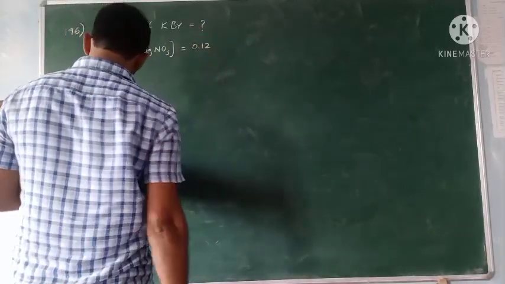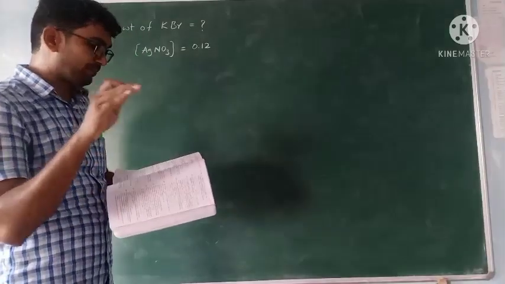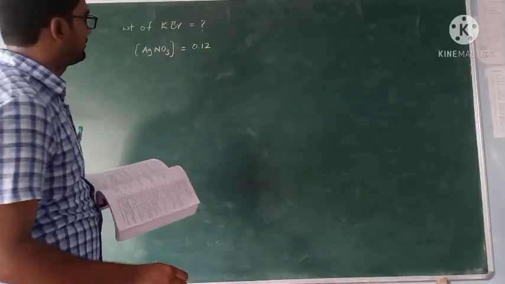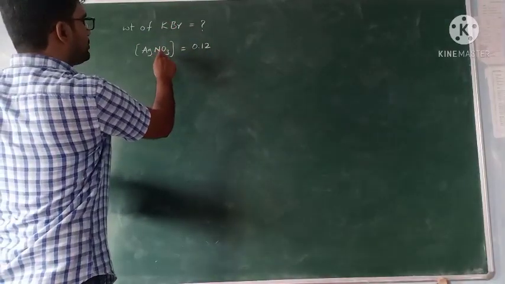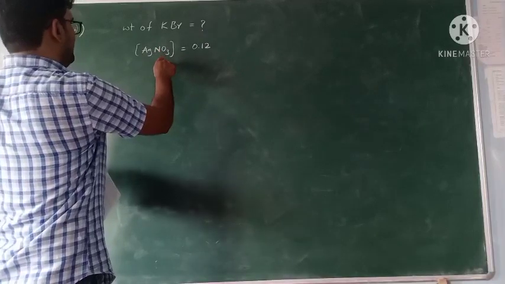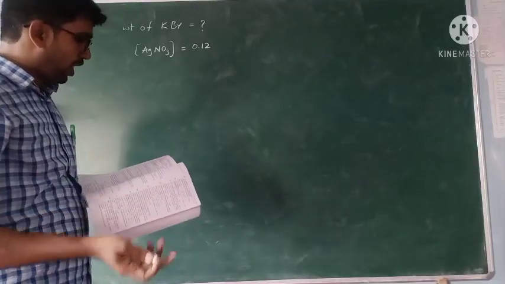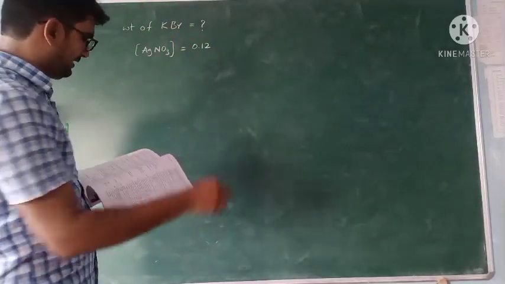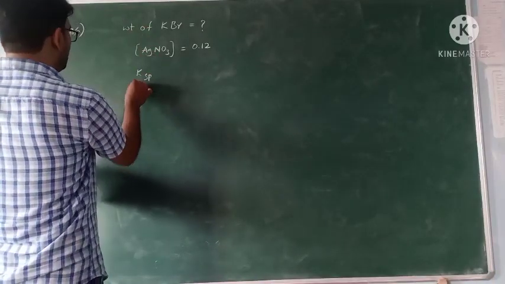Just to start the precipitation of AgBr, when KBr is combined with AgNO3, these two form AgBr. So for precipitation of AgBr formation, how much KBr should be added? And the KSP value of AgBr is also given.